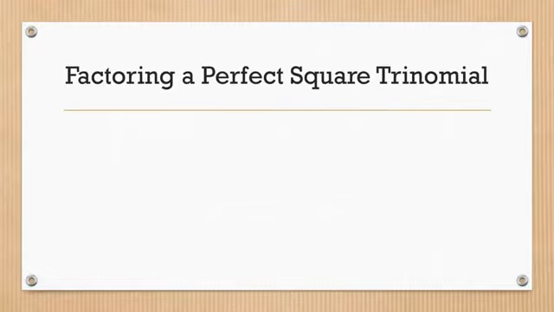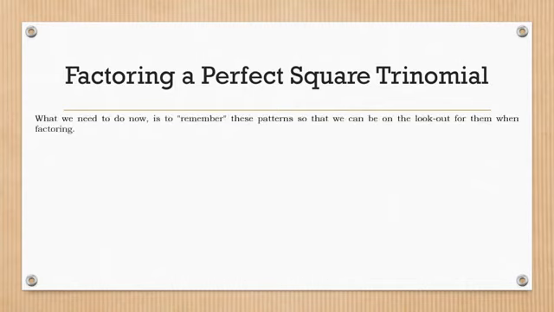Let's go. We are now going to factor a perfect square trinomial. When factoring a perfect square trinomial, class, what we need to do is remember these patterns so that we can be on the lookout for them when factoring.